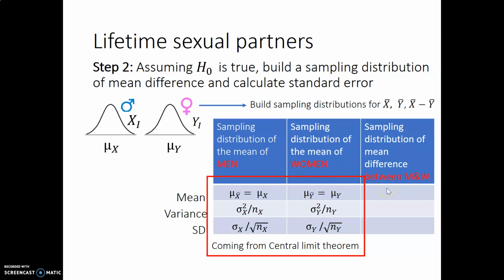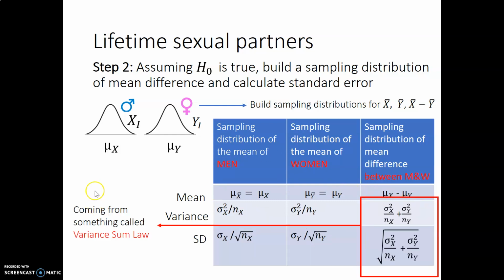Remember, our 10 men have, on average, 8.9 partners in their life. And the 12 women we have as our sample, on average, have 6.58 partners in their life. So we want to find the mean difference between these 2 values, and we have 2.32 as the value here.